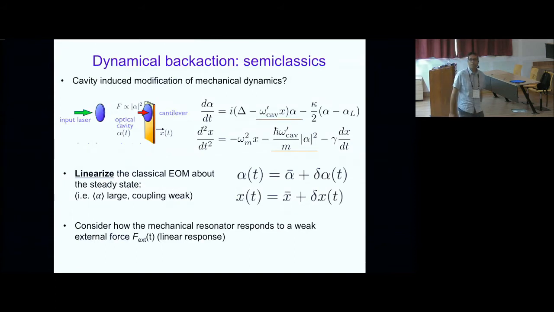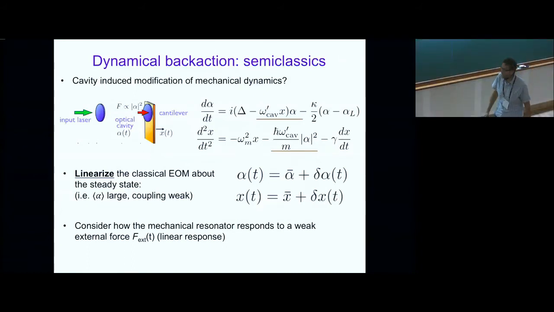The way I would do that is standard. I have these stationary solutions I've found. I'm going to consider small deviations from those stationary equilibrium values, and linearize these equations to find how this delta alpha and this delta x respond to this small external force. The thing that I care about at the end of the day is how the mechanical mode responds.